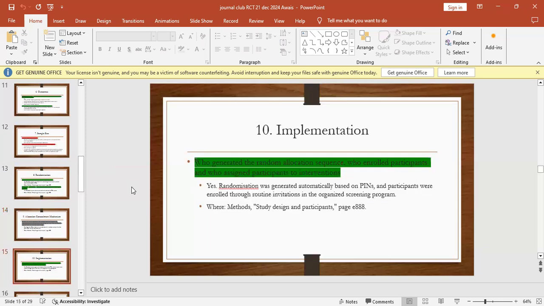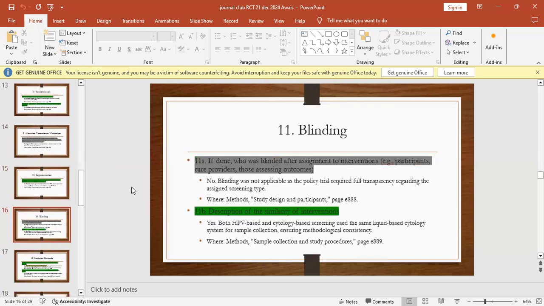Next is the implementation. Who generated the random allocation sequence, who enrolled participants, and who assigned participants to interventions. Yes, this point is explained in the article: randomization was generated automatically based on pins, the last digit of the pin, and participants were enrolled through routine invitations in the organized screening program. Next is the blinding.